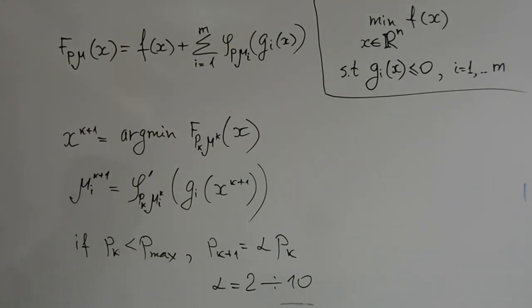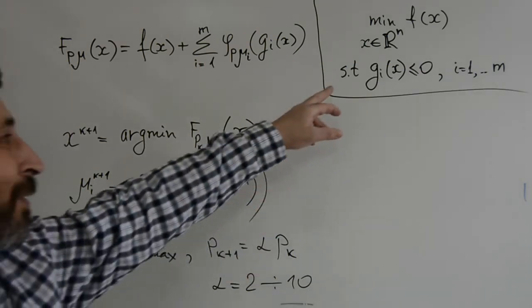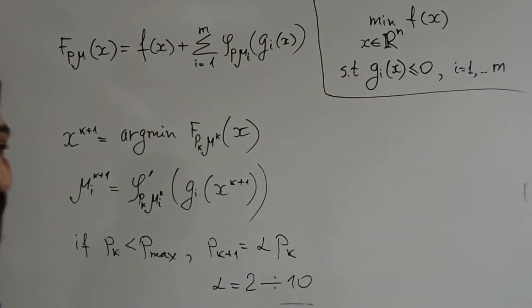And the interesting thing, and one of the reasons why it is called the Augmented Lagrangian method, is that the parameters mu over iterations converge to the Lagrange multipliers of our optimization problem.